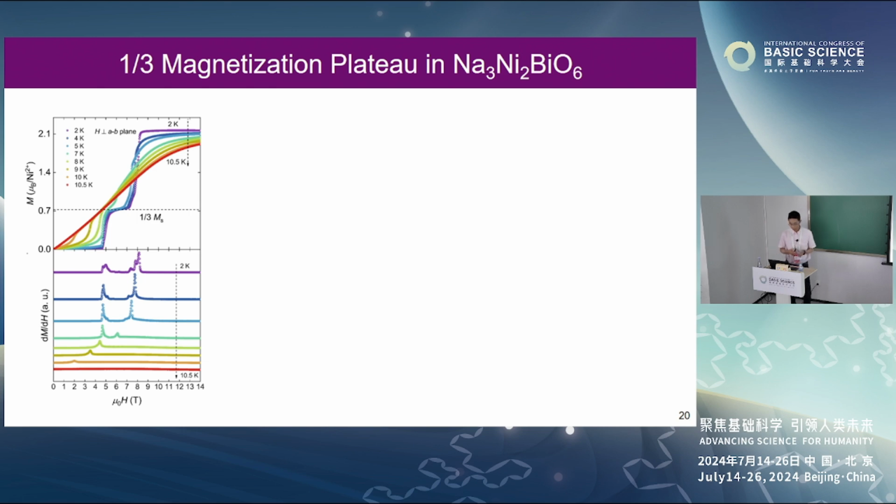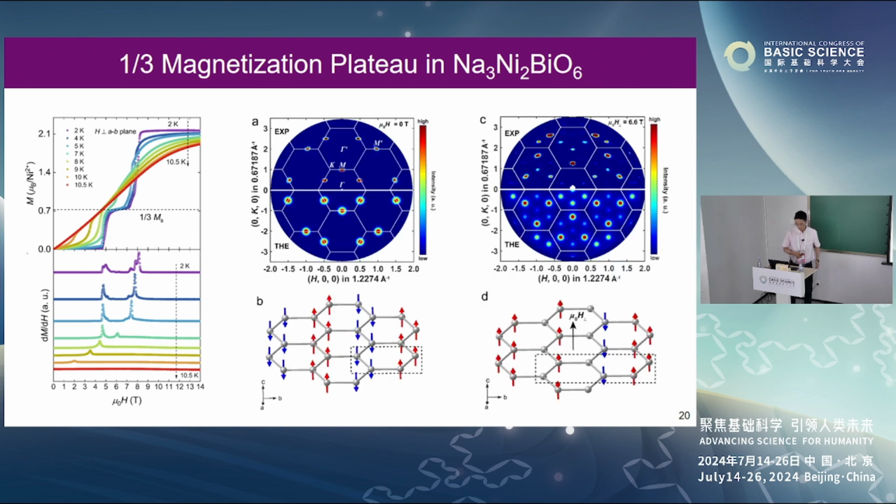So this means that this kind of plateau is actually due to quantum reasons instead of thermal reasons. So next, we want to understand what kind of magnetic structure the material has in zero field as well as in the plateau phase in 7 Tesla field.